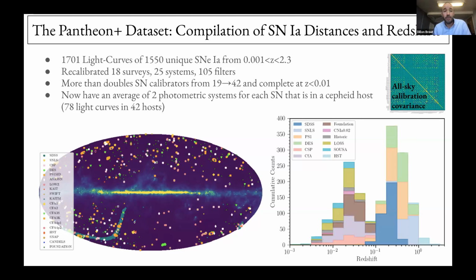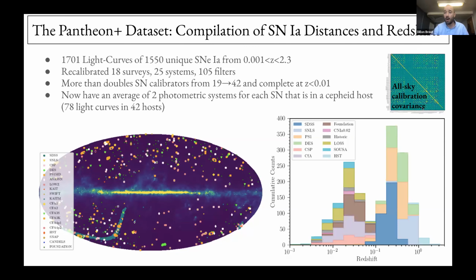And this amounts to 1,701 light curves of 1,550 unique Type 1a supernovae, ranging in redshift from basically redshift 0 out to redshift 2.3. You can see we're covering a large portion of the night sky in all directions. And this is the result of recalibrating 18 different surveys, which is 25 different photometric systems and over 100 filters.